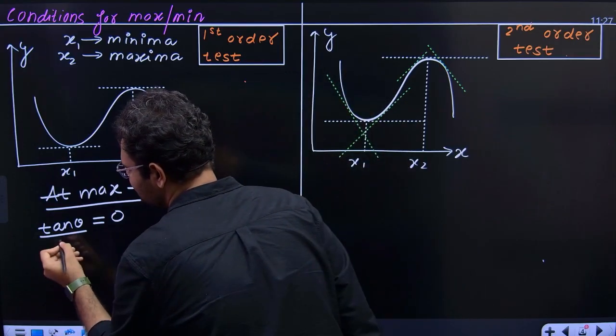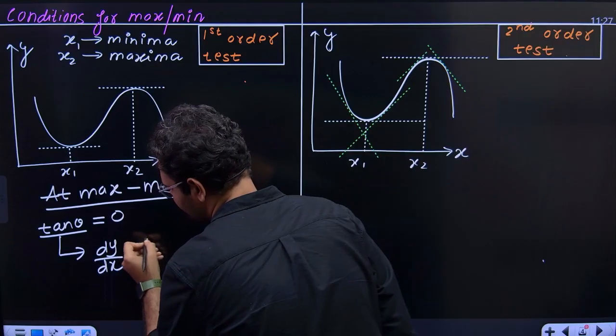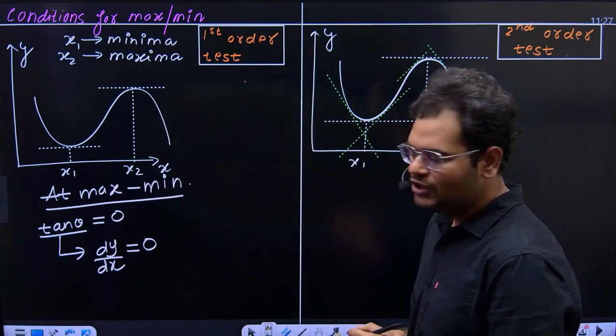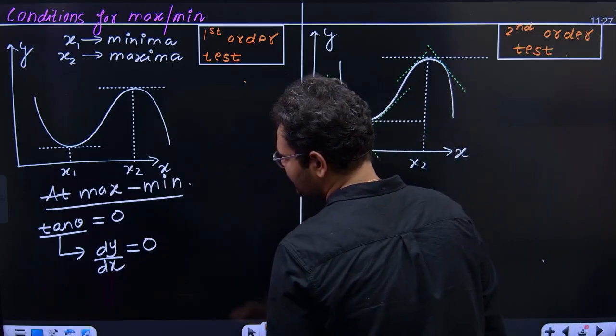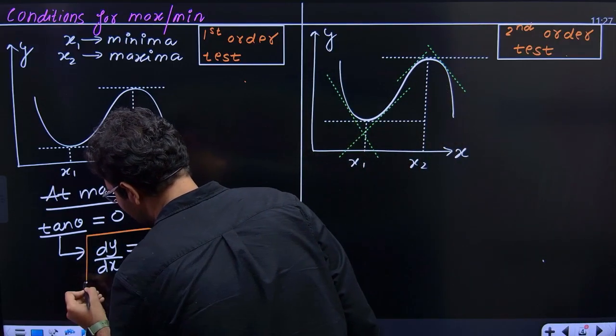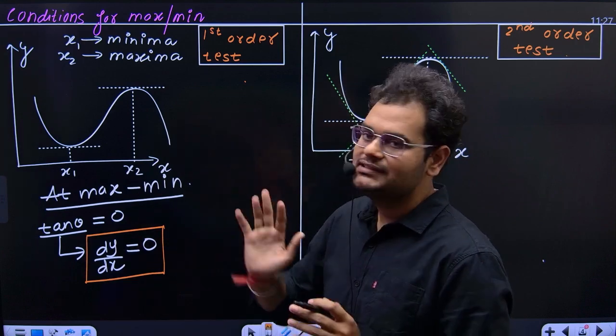If tan theta is 0, that means dy by dx is 0. So we are getting one important condition, that at maxima and minima, at both places, dy by dx is 0.